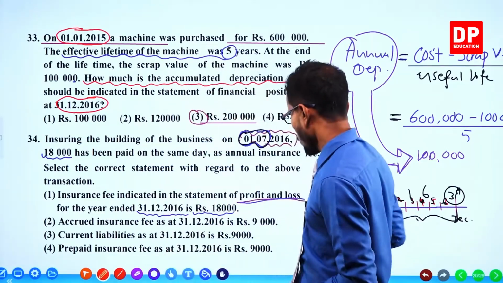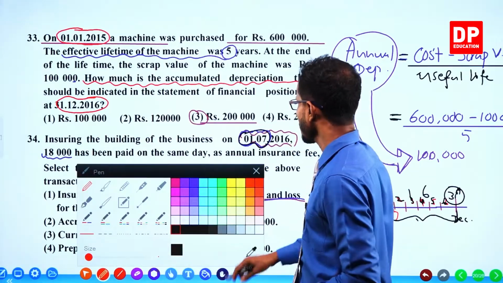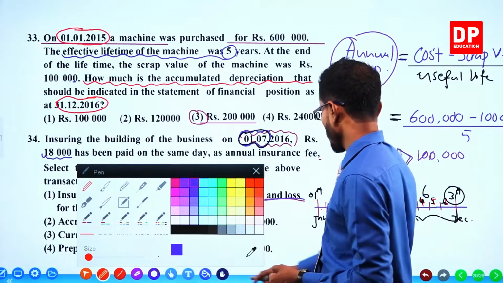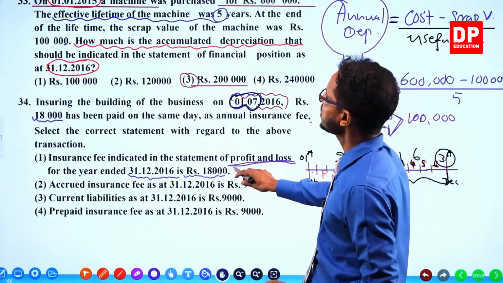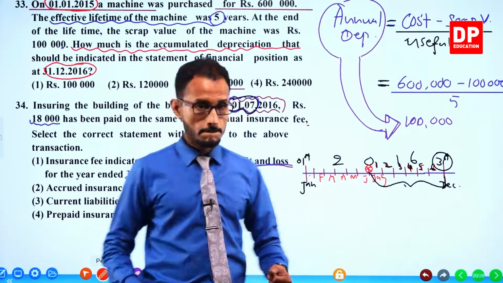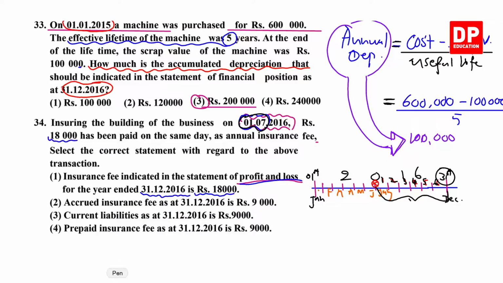Got it? So what we do is 18,000 we divide by 12 and we take 1 month's insurance. 18,000 for the whole year, no? Annual insurance has been paid on the same day.